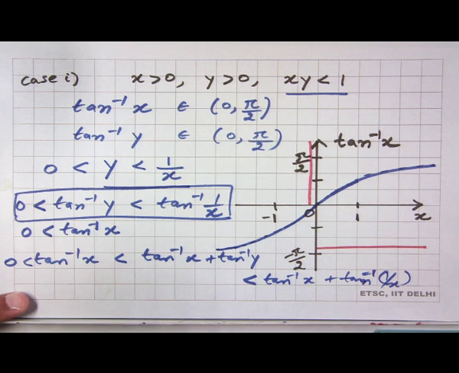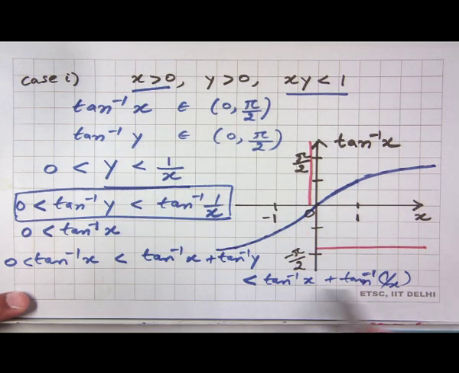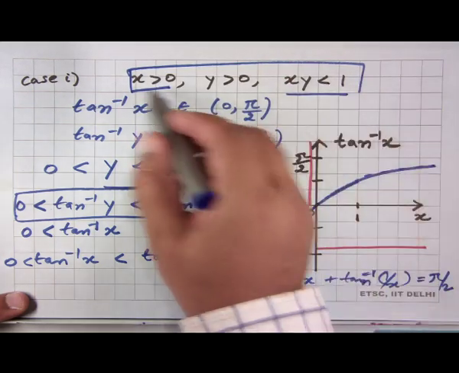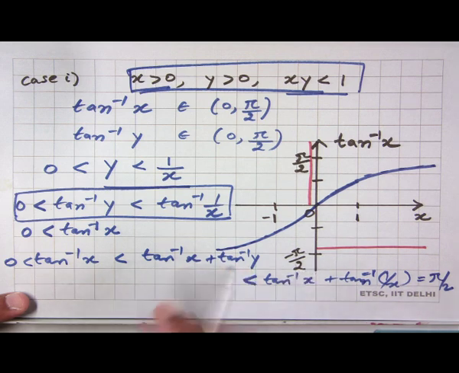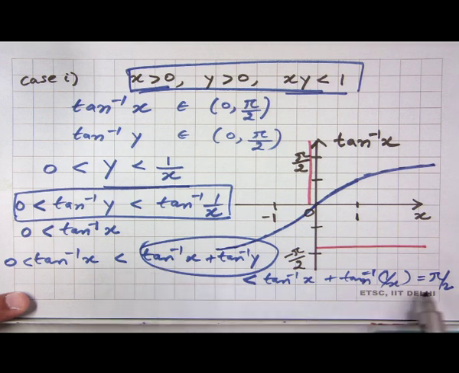So, what we saw from the previous slide is that for all x positive, tan inverse x plus tan inverse 1 over x is actually equal to pi by 2, and therefore, we clearly see that if x and y satisfy this condition, then tan inverse x plus tan inverse y, which is here, is positive and it is less than pi by 2.